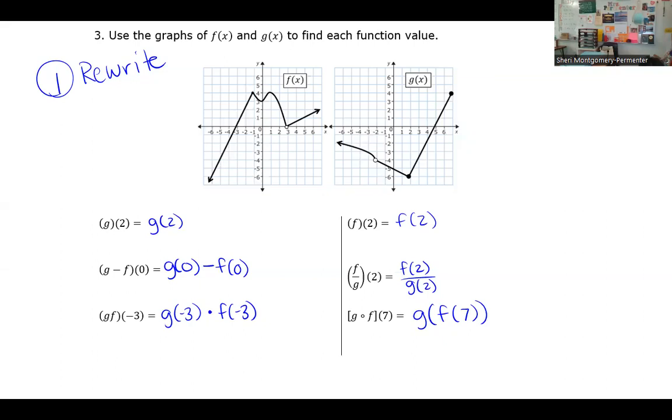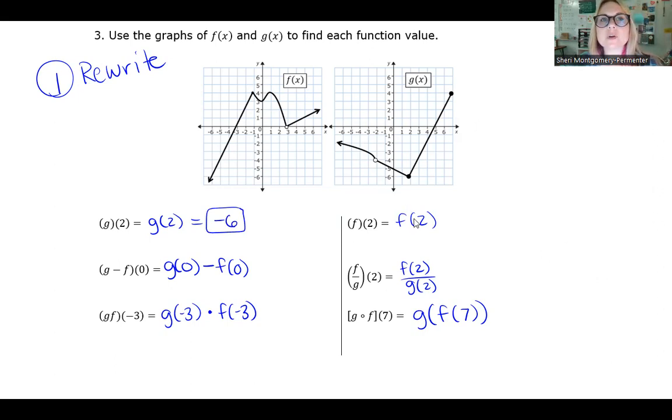At 2, I follow down, the graph is right here. The value is -6. That's how you answer these. g of 2 equals -6.